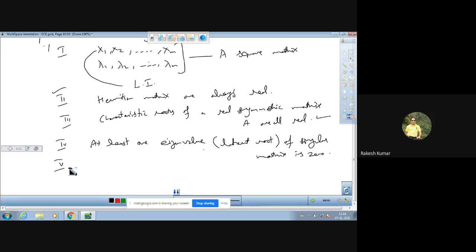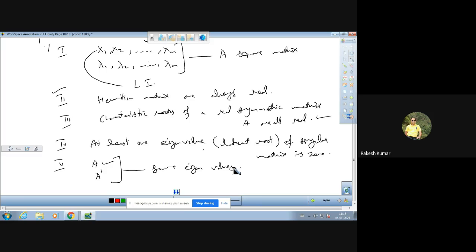And one more we have: a square matrix A and its transpose A transpose have the same set of eigenvalues. Same eigenvalues होंगी.